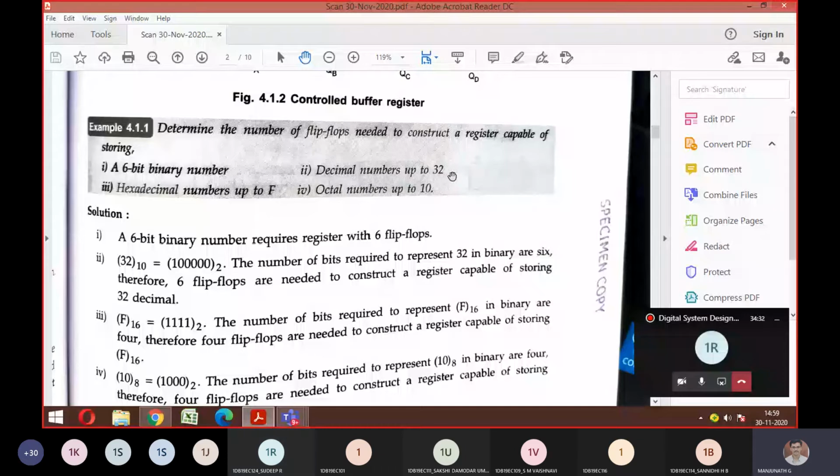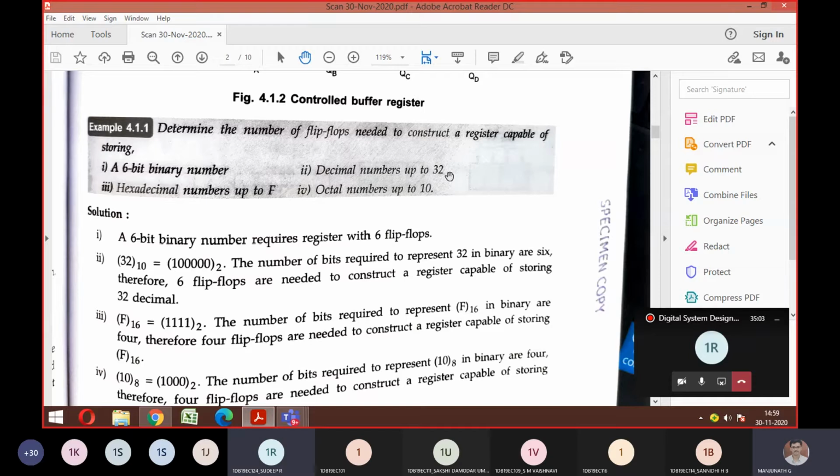Decimal number up to 32. Always remember, with respect to digital, how many bits do you have? Digital input means either 0 or 1, two inputs, correct?